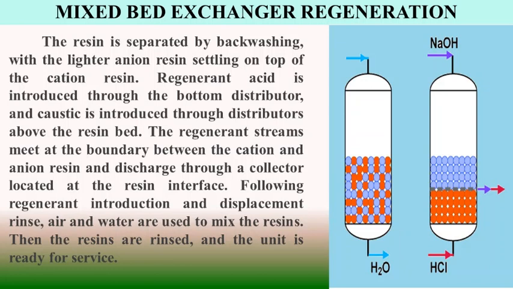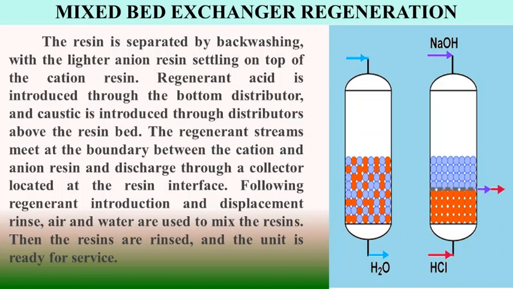So we find in mixed bed exchanger regeneration, the resin is separated by backwashing, with the lighter anion resin settling on top of the cation resin. Regenerant acid is introduced to the bottom of the distributor, and caustic soda is introduced through the distributors above the resin bed.